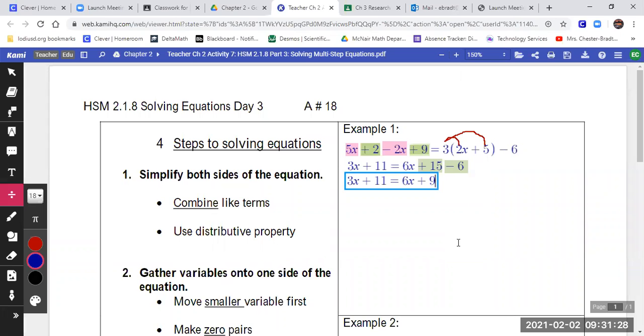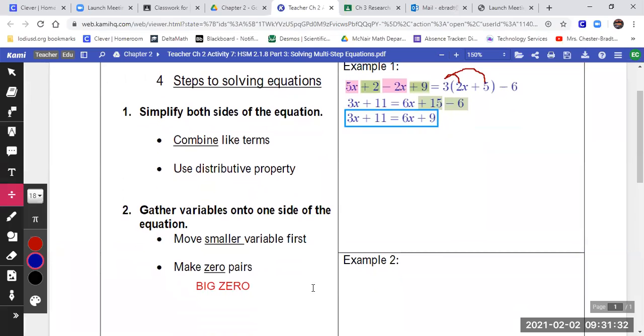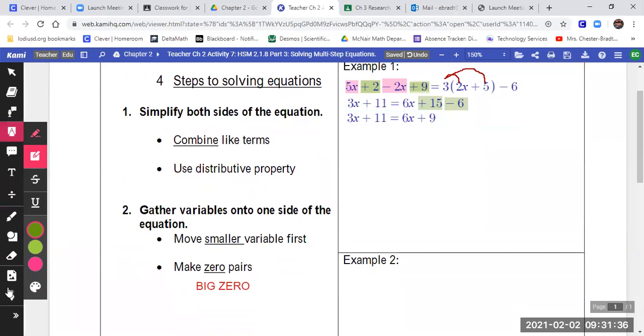So now we're looking at number 2, which is smaller variable moves first. So look at our x's. We have a positive 3x and a positive 6x.